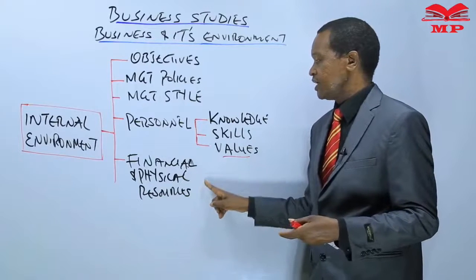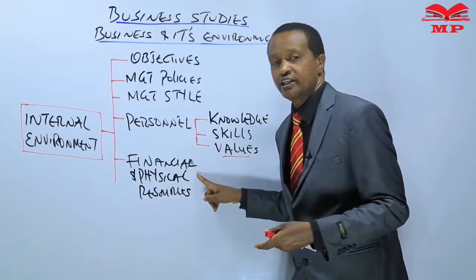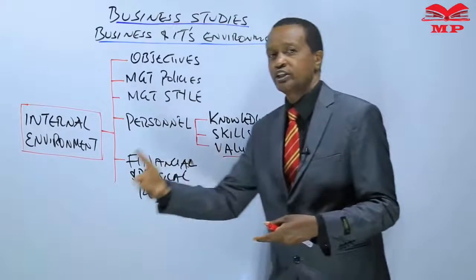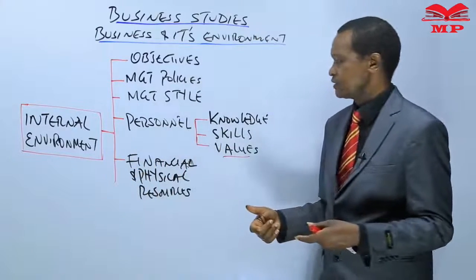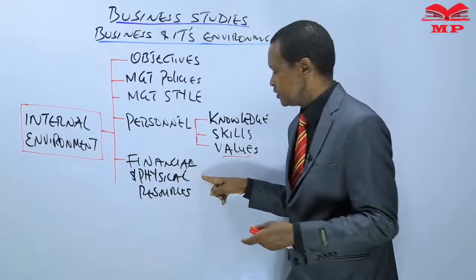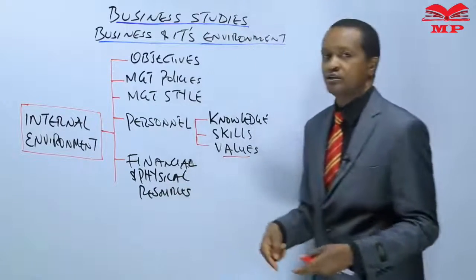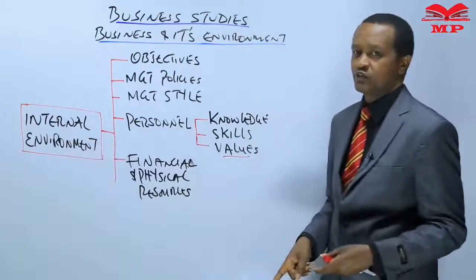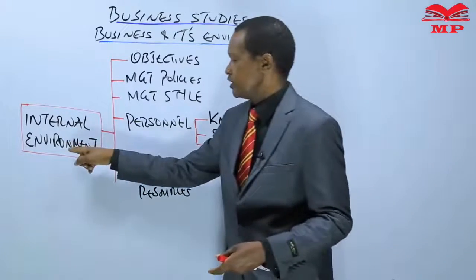It can get money, okay, either through loans or capital injections from the owners. So this is within the control of the management. And that's why it falls under the internal environment.